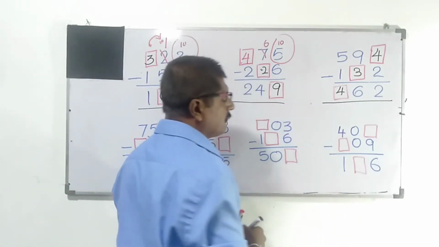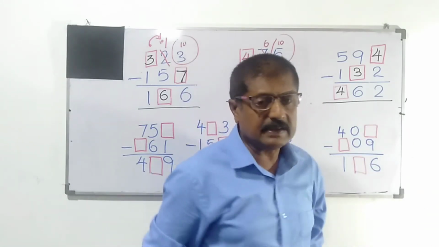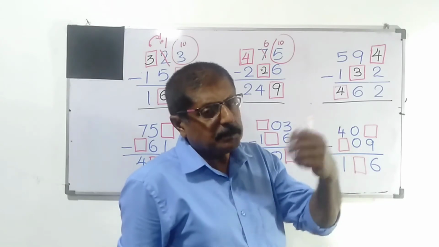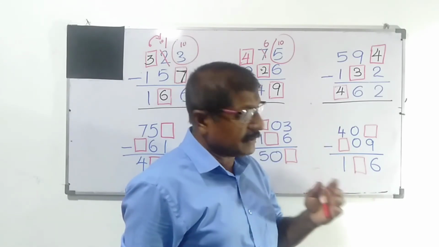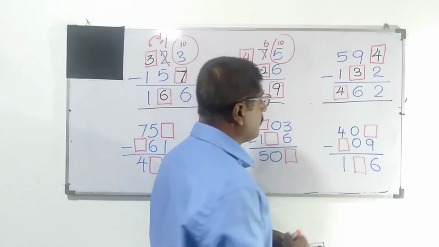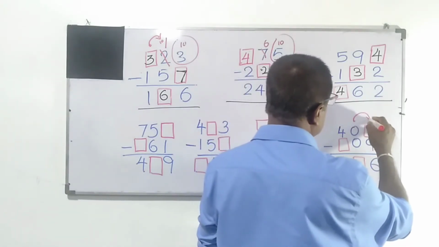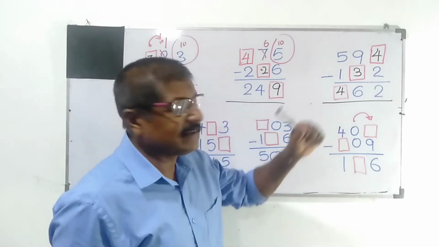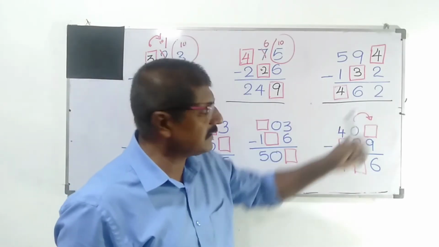Now this one. From a certain number you subtract 9. Then the answer is 6. That is not possible. Then it is clear that 1 has come from this side. That is another problem. Because there is nothing in here to be sent to the other side.